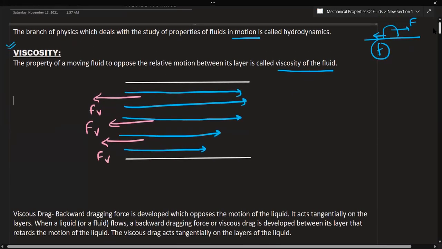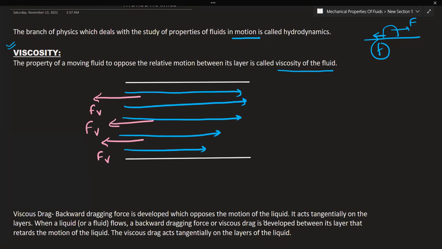Now see this backward force that is developed due to the viscosity of the fluid. This force is known as viscous drag, or you can say viscous force. So viscous drag is a backward dragging force which opposes the motion of the liquid layers and acts tangentially on the layers.